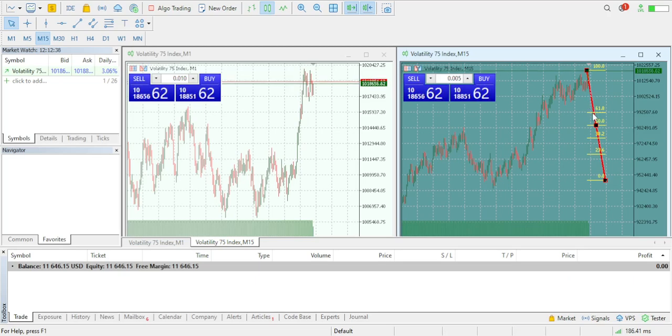So what we're going to do first of all is watch the market start taking a downward trend, and the downward trend we're going to be observing should be something like this. Do you see my red cursor here?